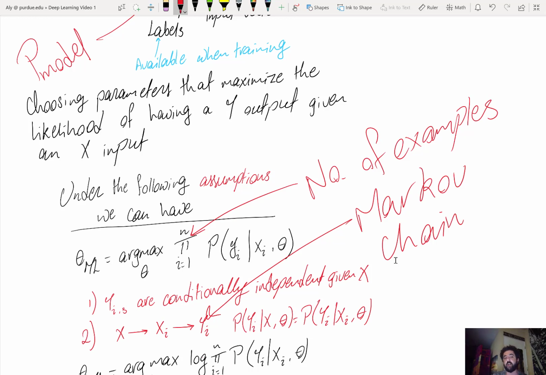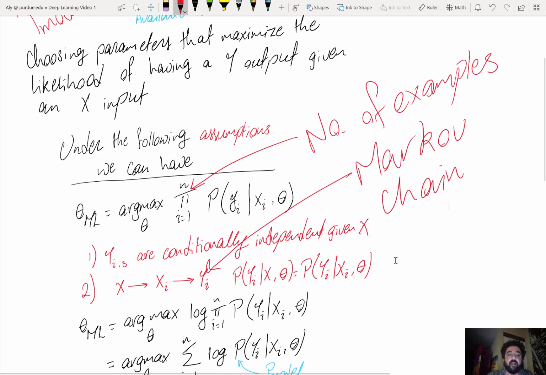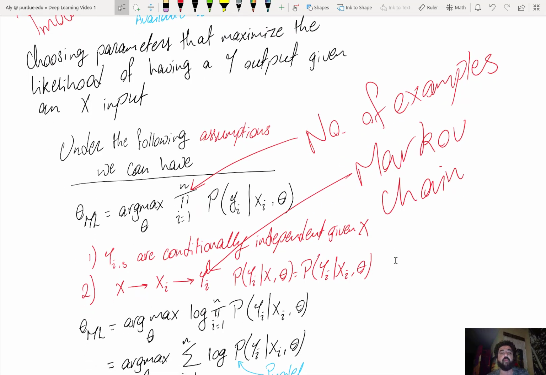If I know x9, I don't need to know anything about the other x's to determine the distribution of y9, right? So the second assumption gives us the fact that the probability of yi given x and theta equals the probability of yi given xi and theta. So I can replace the x by xi.